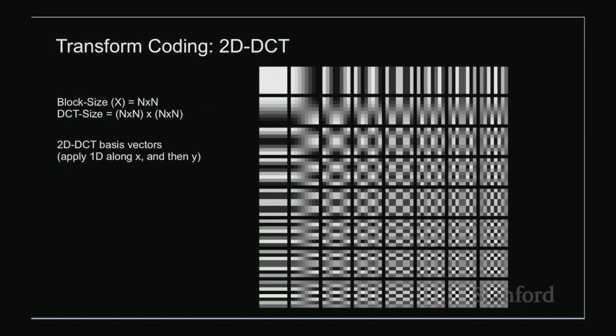And this is how your DCT transform matrix looks for the 2D DCT transform. First thing is your block size is now n by n. So your DCT matrix is n square times n square, which we just saw. Here it's an example with 8 by 8.